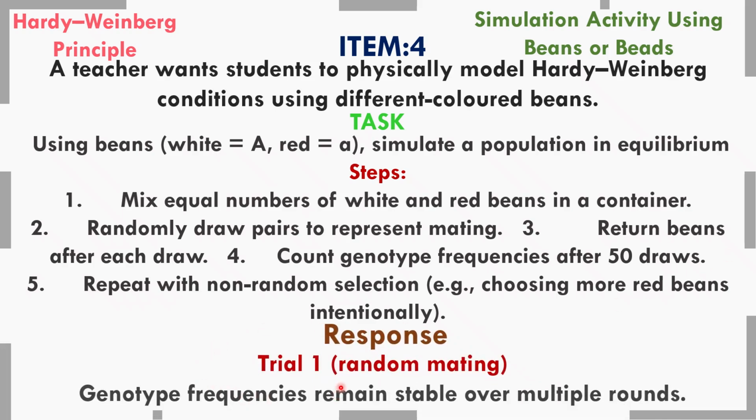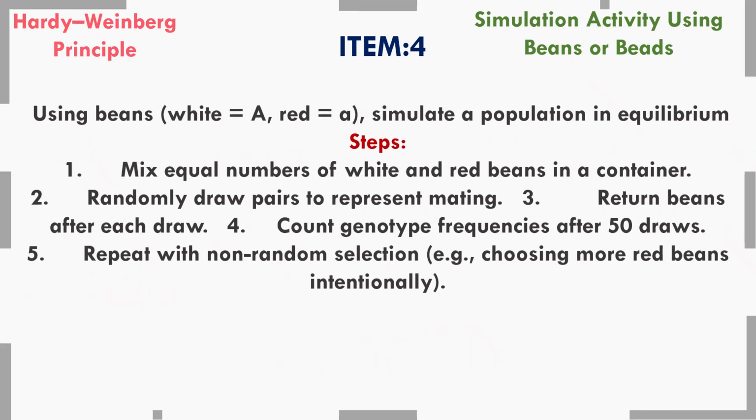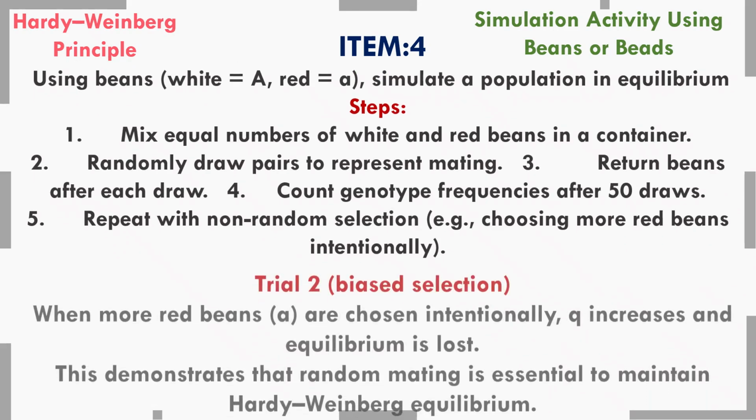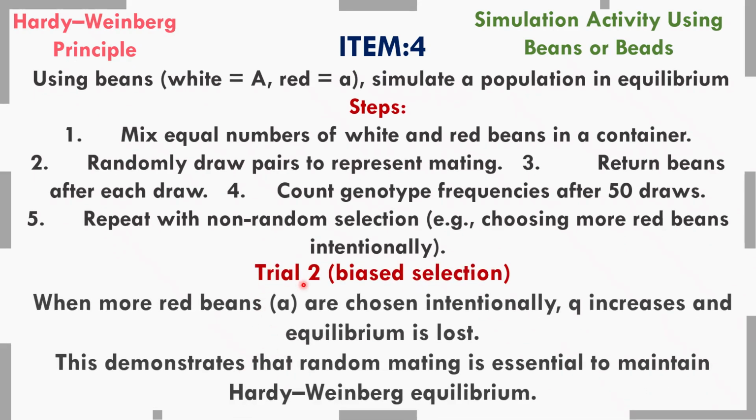First trial, random mating. Genotype frequencies remain stable over multiple rounds. Trial 2.